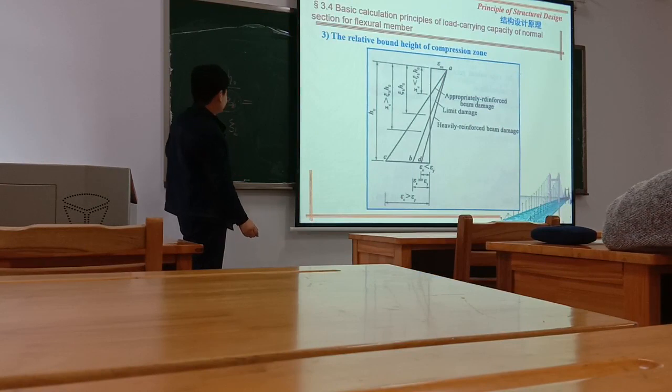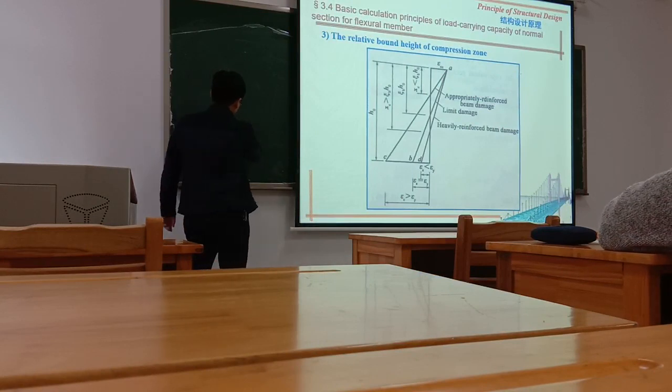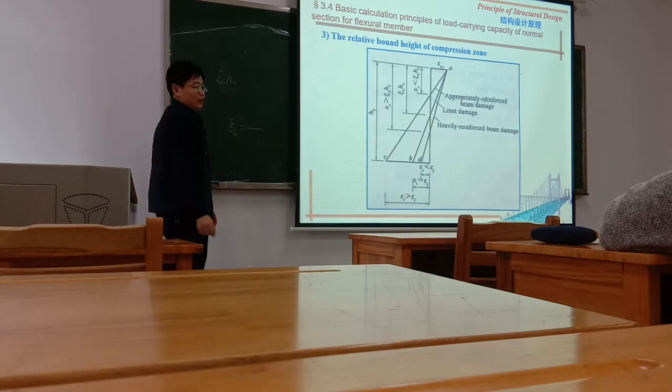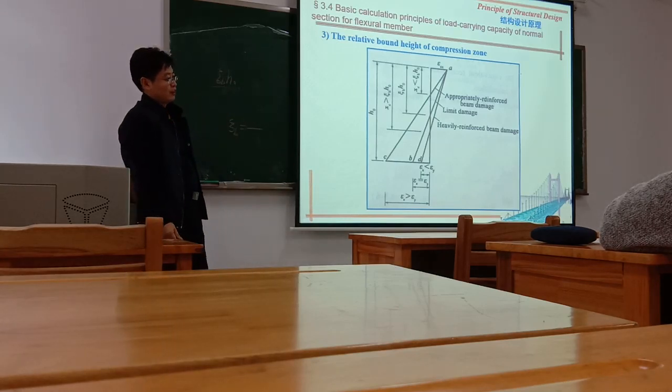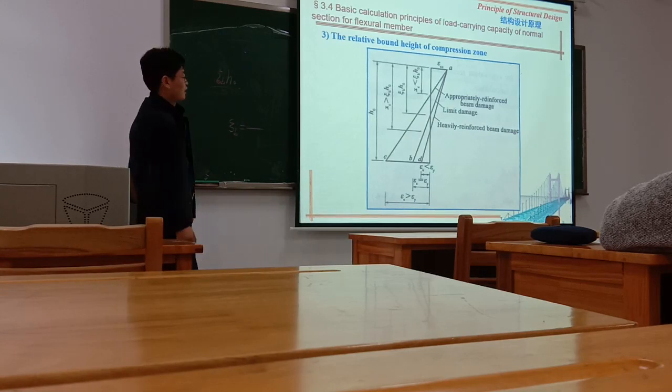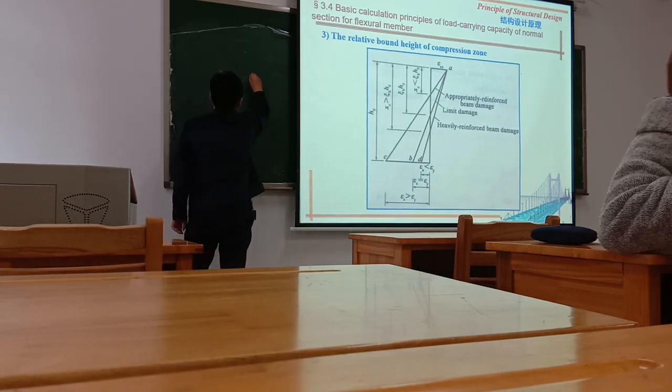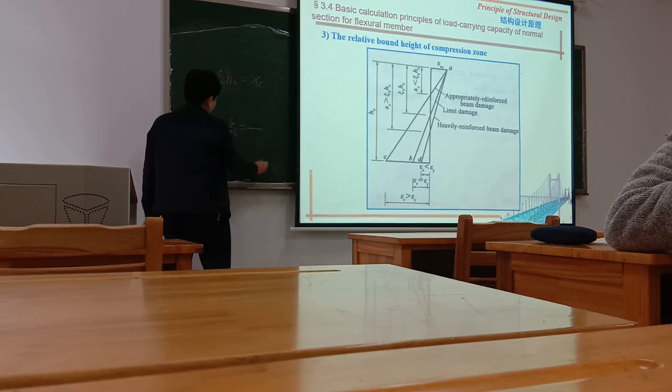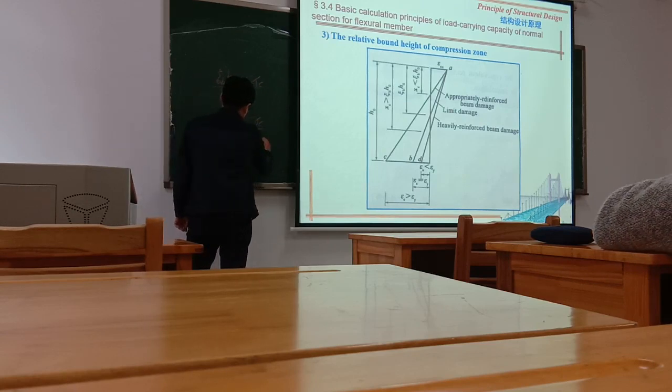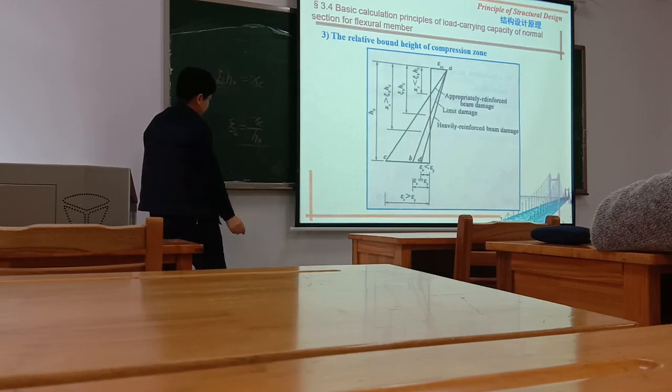So how do we define Kc B? Kc B equal to what? Remember? Epsilon C over H0.